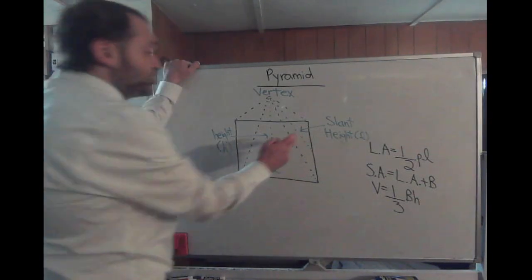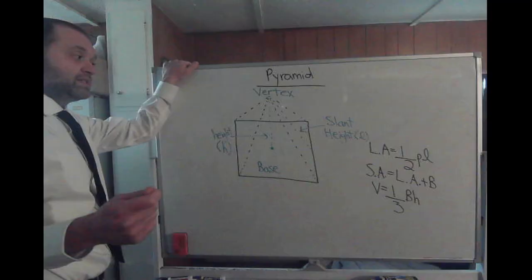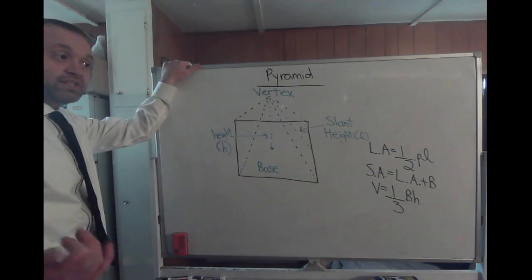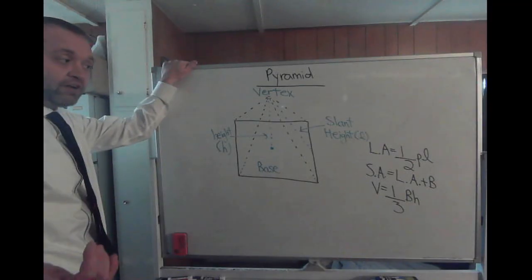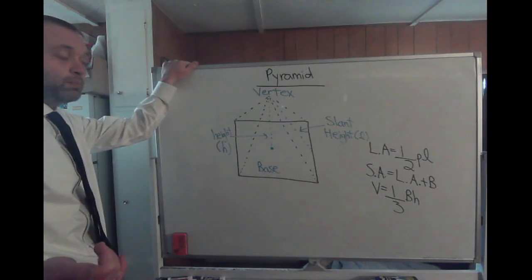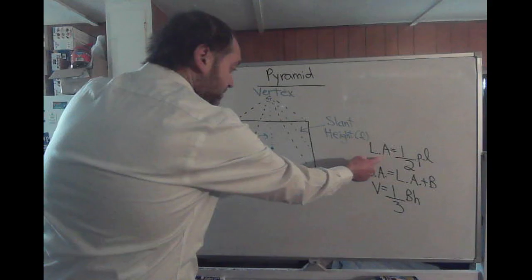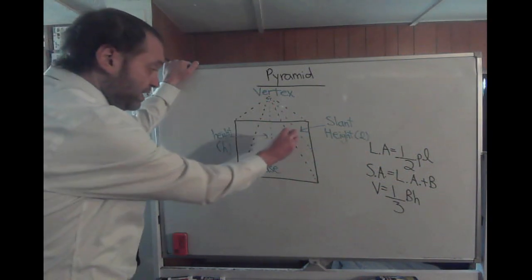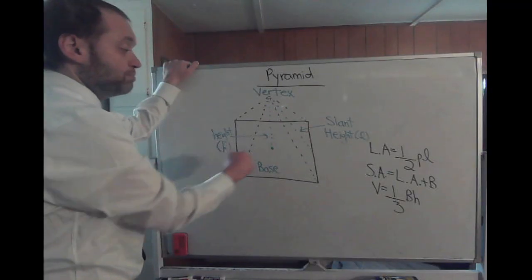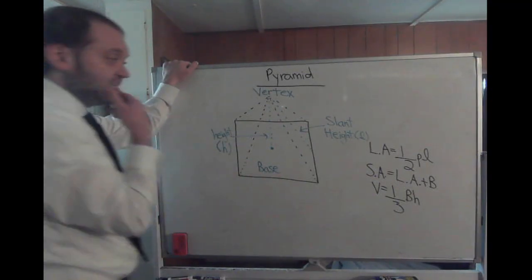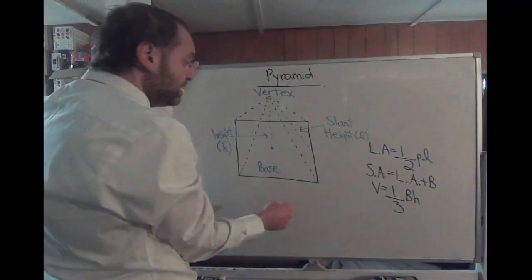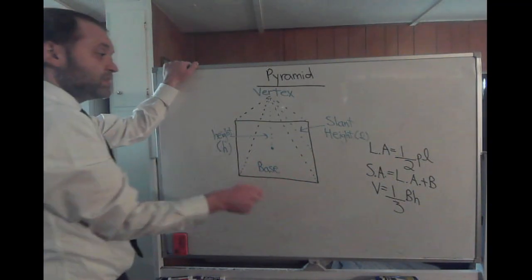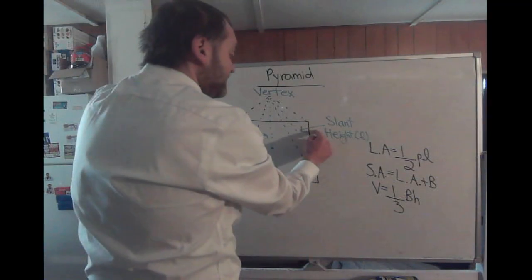And the reason I'm mentioning triangles for the faces is because that slant height L is the height of the triangle, which you're going to need to solve to find such things as the lateral area, the surface area, and the volume. Now, to find the lateral area of a pyramid, which is the area of your faces minus the base, you don't count the base for the lateral area, it's going to be equal to half the perimeter of the base times the slant height.